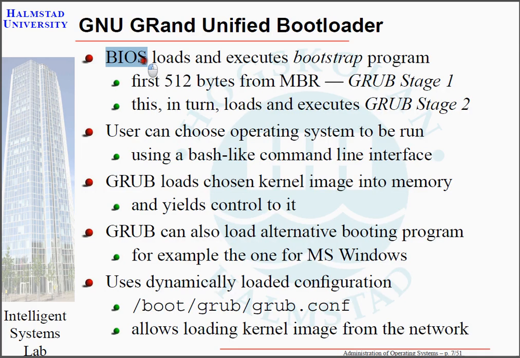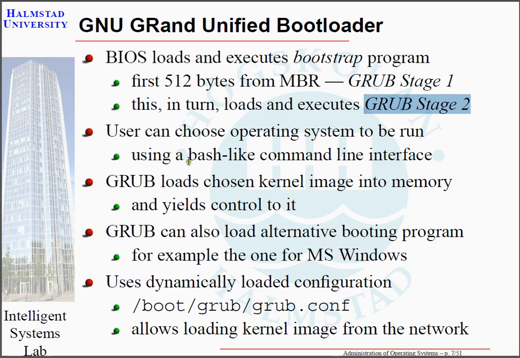So if you think about how it works from the BIOS's perspective, the BIOS just loads the first 512 bytes from the master boot record of the hard drive, but GRUB is much more complicated than that. It wouldn't fit in that much memory. So this is just GRUB stage 1, which in turn loads GRUB stage 2, which is, as I said, significantly bigger.